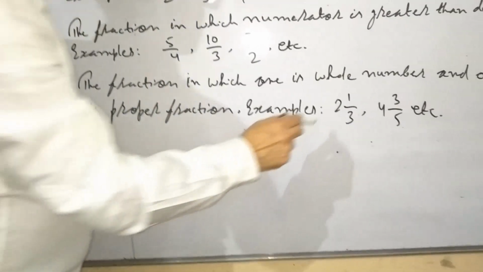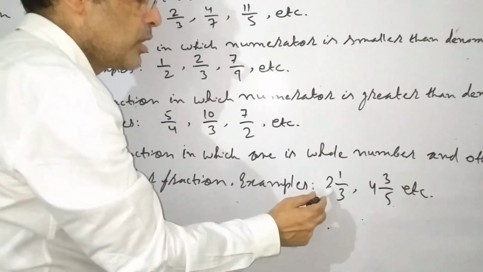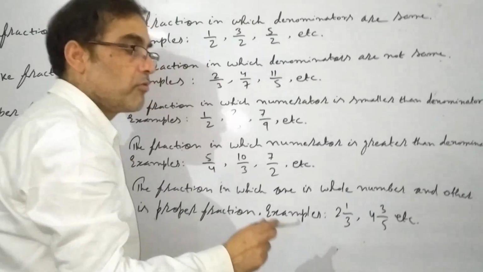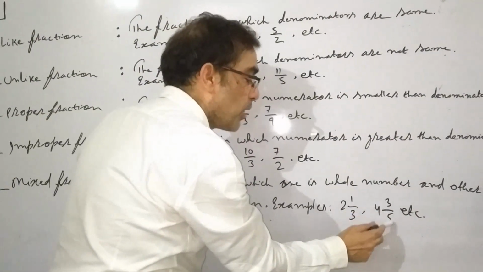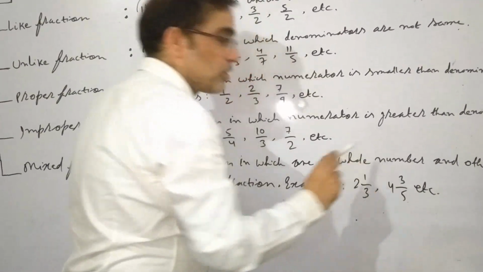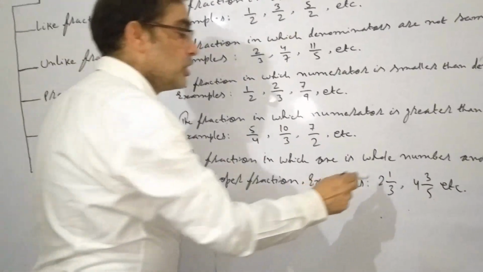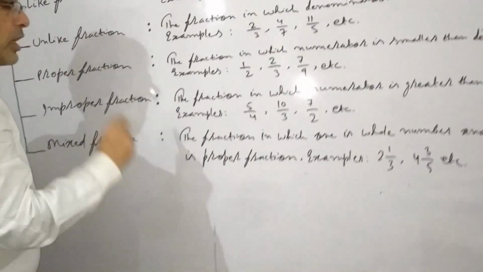Why? Because in 2 and 1 by 3, 2 is the whole number and 1 by 3 is the fraction. Here 4 is the whole number and 3 by 5 is the fraction.